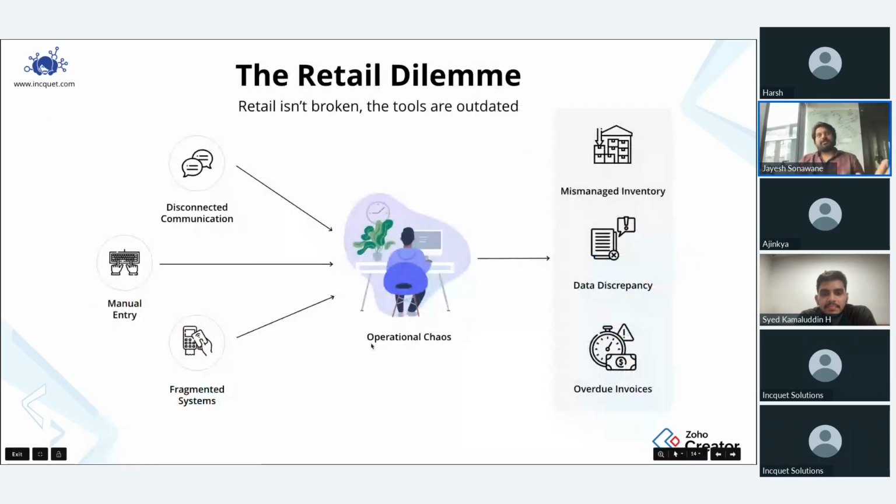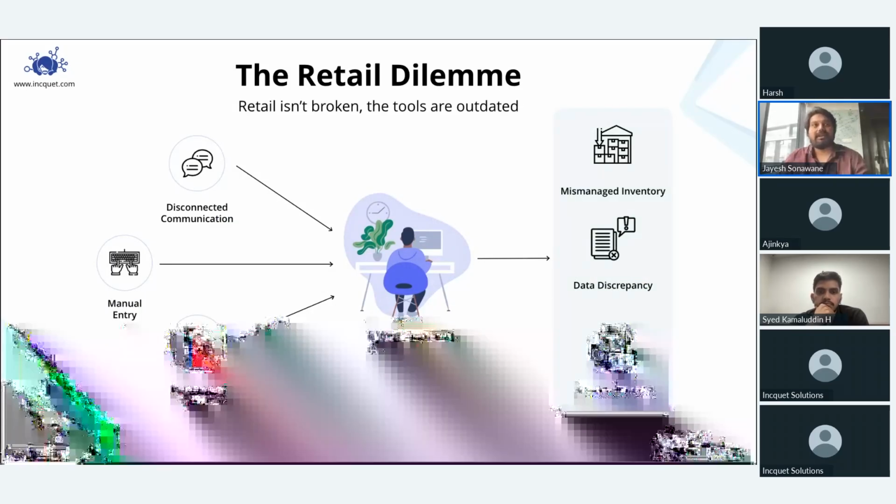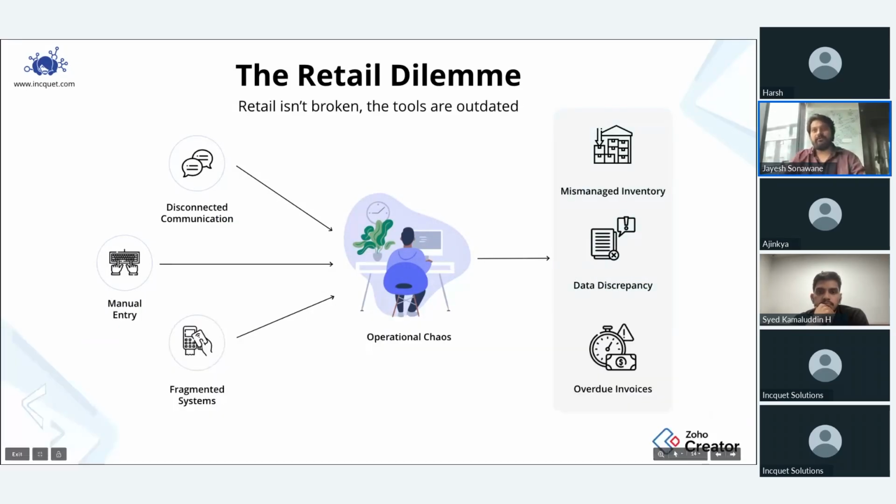So let's start with the problem we are trying to address and solve in this particular solution. Retail has its own challenges. Even if the organization is digitized, they might be using fragmented systems. Their tools don't communicate with each other, which leads to disconnected communication.